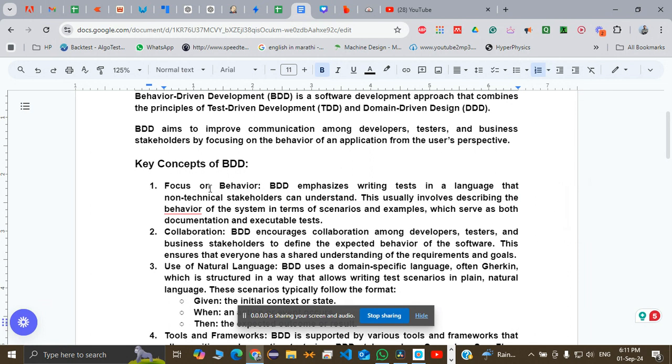The BDD approach majorly focuses on the behavior of the functionality. When the tester, developer or stakeholder understands that behavior, they can easily understand what functionality is going on and what needs to be done, whether we have to appreciate or deprecate some of the functionality.